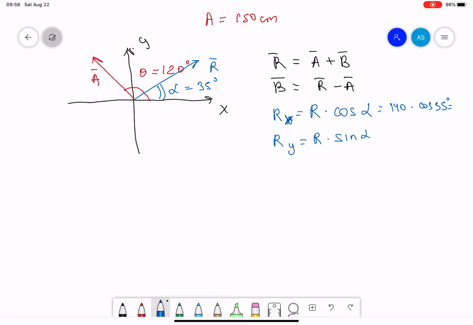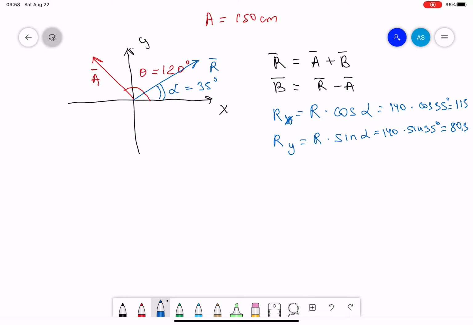If you do the calculation, you should find that your Rx is equal to 115 centimeters. Now let's find the Ry component, which is 140 centimeters multiplied by sine 35 degrees, which should give you 80.3 centimeters.